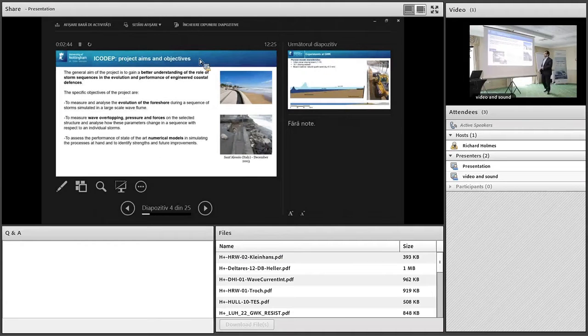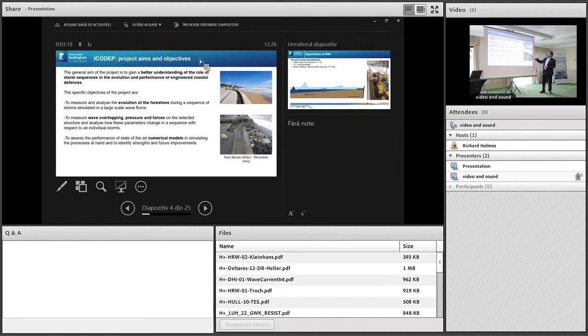So we went to the Flume together with the other partners, the UK, Catania, and the Netherlands. So we went and we tested these conditions. So we wanted to look at performance of engineered coastal defenses in realistic conditions that bring possibly quite complex boundary conditions.